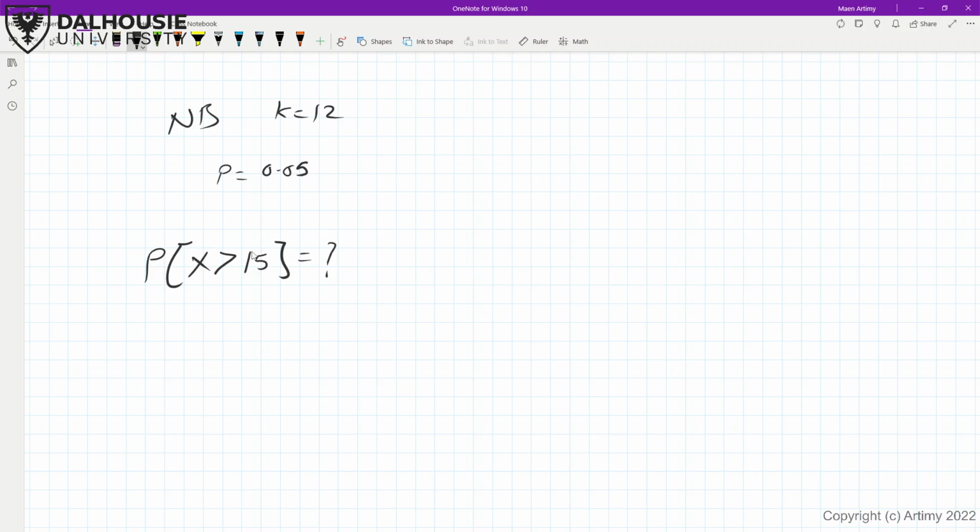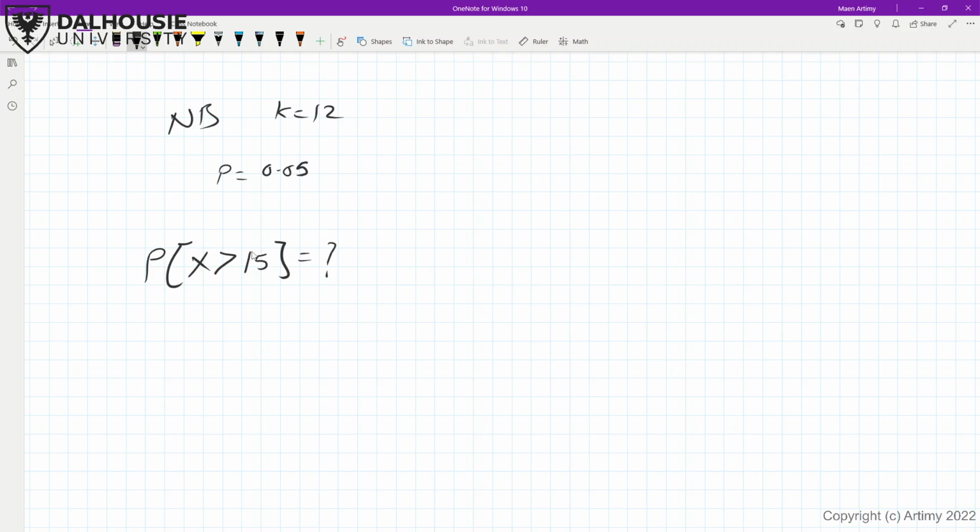This is similar to saying, what is the probability of having less than 12 successes in 15 trials? So I did 15 trials and I didn't get 12.